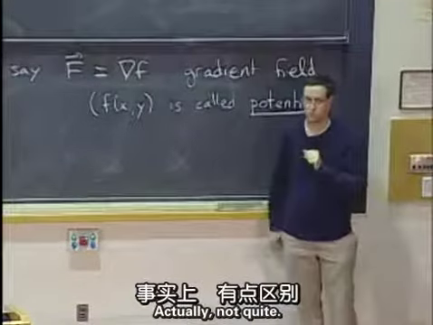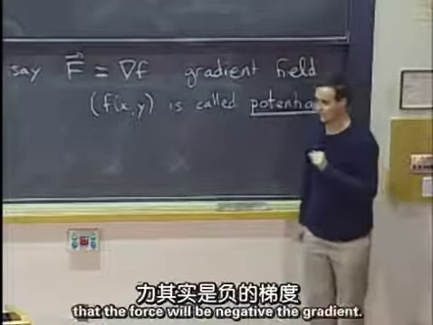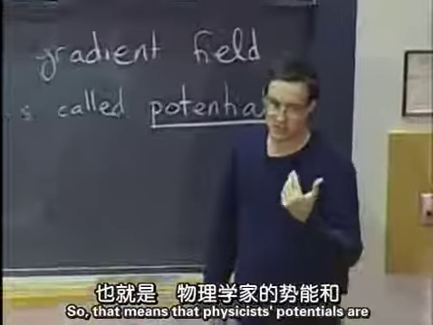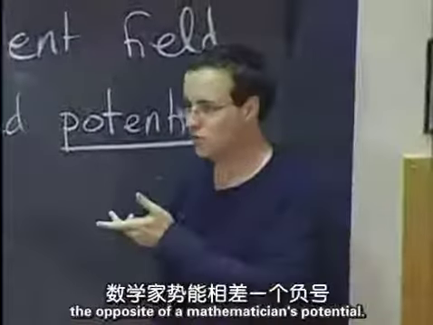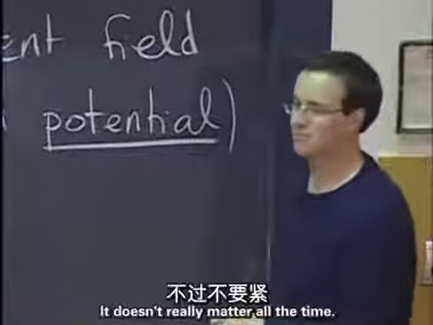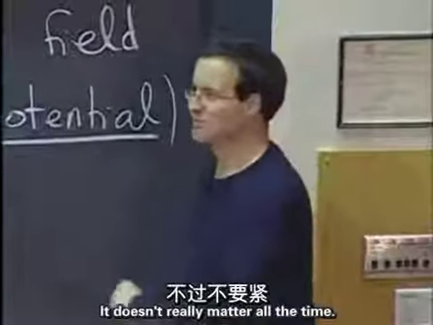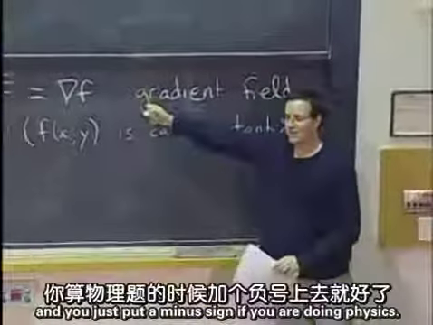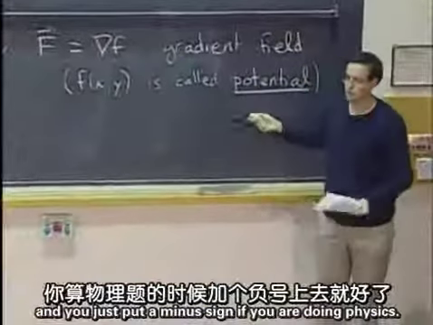Actually, not quite. If you're a physicist, then the force will be the negative of the gradient. So physicists' potentials are the opposite of the mathematician's potential. That's just here to confuse you. It doesn't really matter, but to make things simpler, we are using this convention, and you just put a minus sign if you're doing physics.